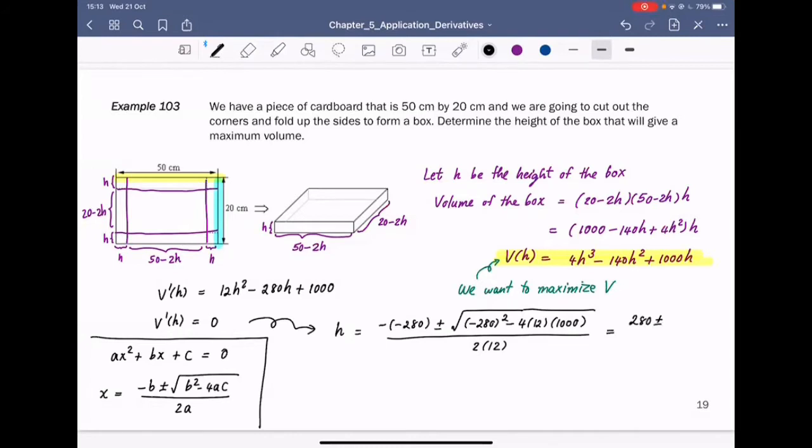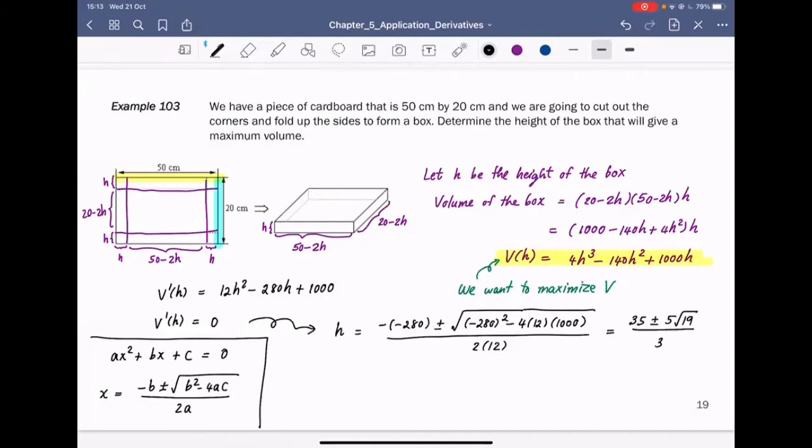I'm going to give you the final answer because I already did this at home. After I simplify everything, I get 35 plus or minus 5 times square root 19, over 3. I don't want to waste time canceling the numbers here, so I did it beforehand.